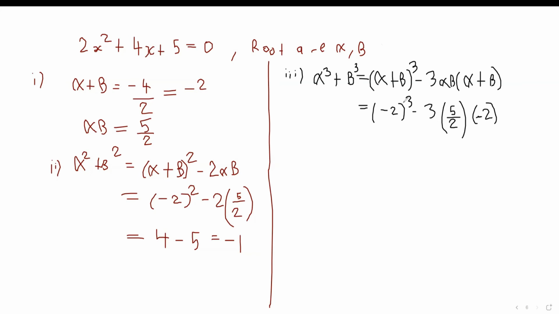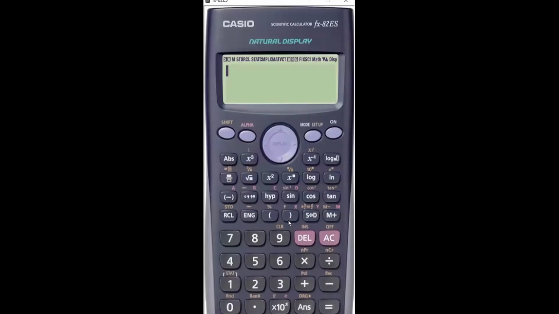I'm just going to use my calculator. So it's minus 2 cube, minus 3 times 5 over 2, close that bracket, times alpha plus beta, which is minus 2.